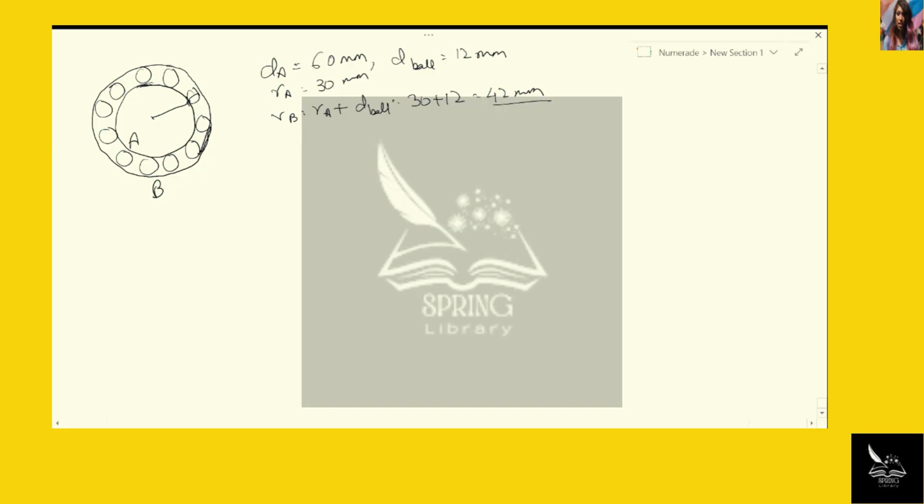Okay, so now it is given that A has an angular velocity of 3600 rpm, rotations per minute. So omega A is 3600 rpm, and we are also given that B is stationary, which means it's not moving.